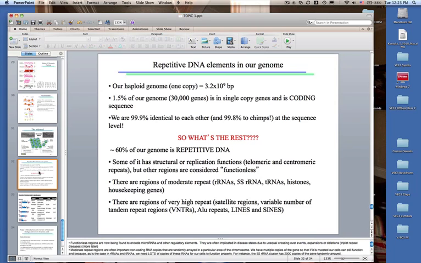Well, yeah, it's actually transcribed, and it makes RNAs. 9,000 of these small non-coding RNAs, including microRNAs, right? And 9,000 to 10,000 of these long non-coding RNAs, which we talked about a little bit, that are probably structurally significant and may have significance in terms of transcriptional regulation as well.